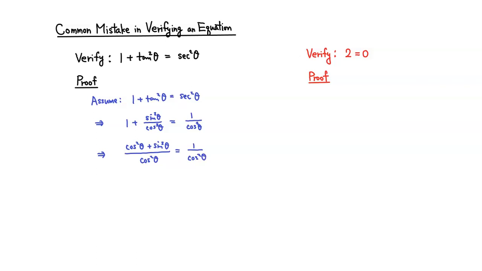Using the famous trig identity, cosine squared of theta plus sine squared of theta is equal to 1, this implies that you're going to have 1 over cosine squared of theta is equal to 1 over cosine squared of theta.